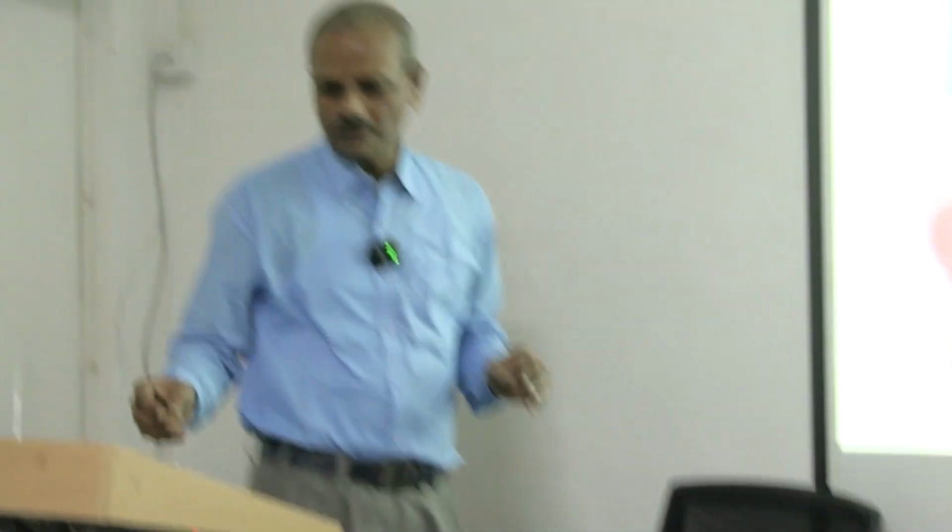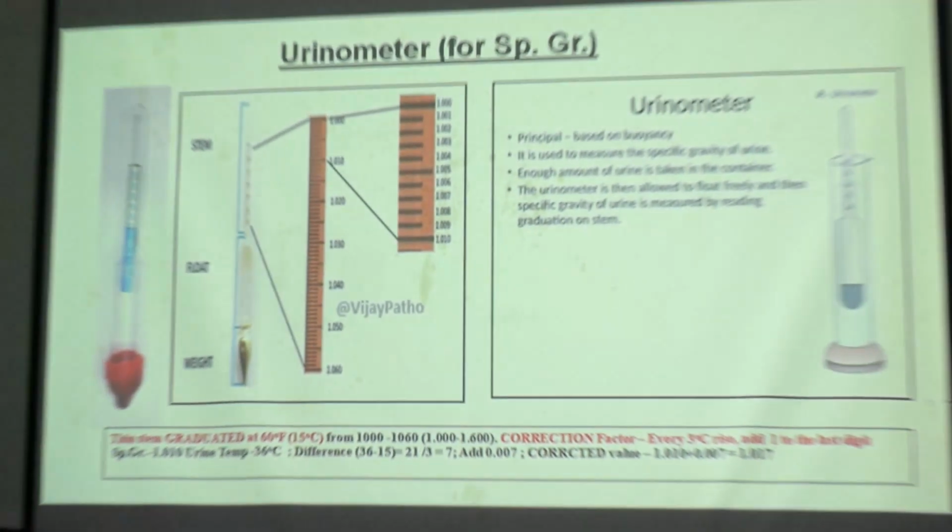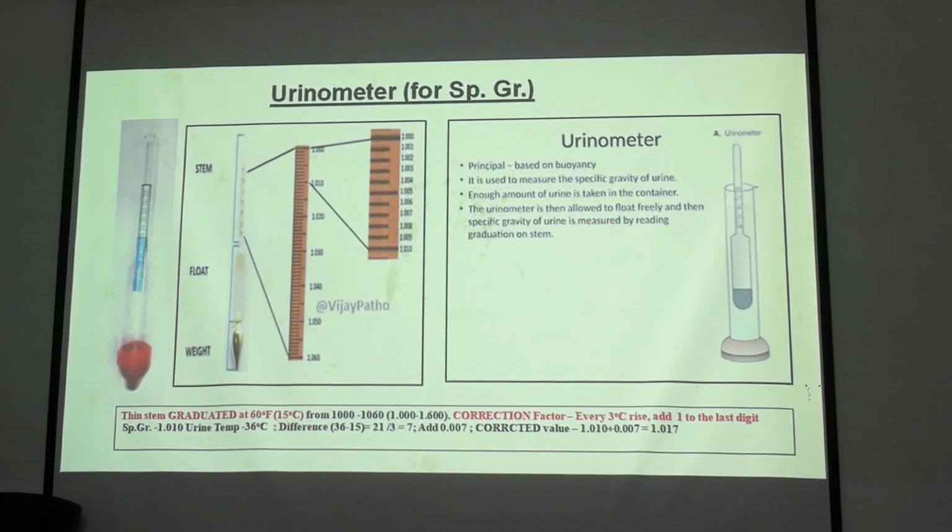One thing is specific gravity of urine. Specific gravity is one parameter that is measured, and that is measured by urinometer. Write down, specific gravity is measured by urinometer. Actually, urinometer is just like a hydrometer. If possible, I will bring one and show it to you.